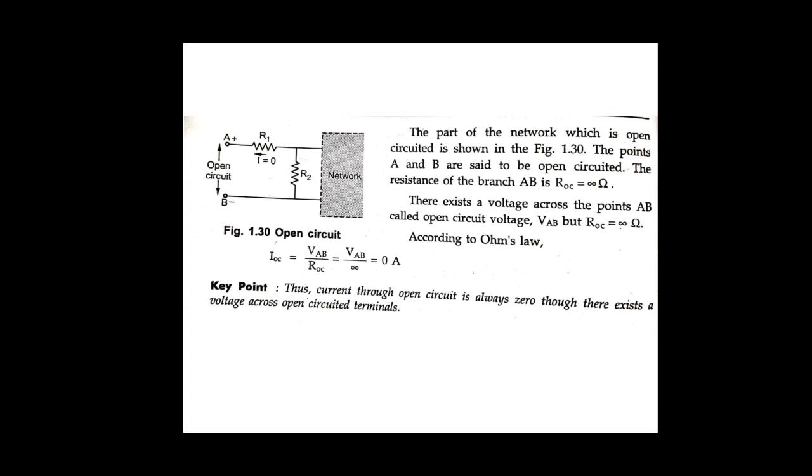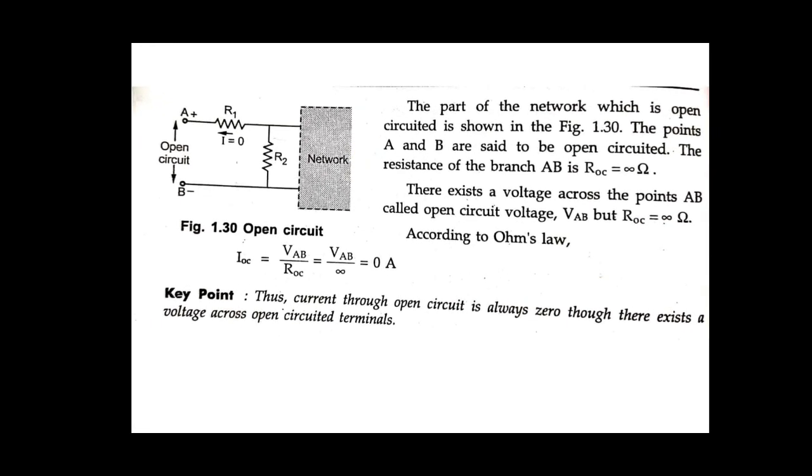As there is no direct connection in an open circuit, there is no connection between the terminals A and B, so it is open circuited. The resistance of the open circuit is infinity ohm, and there is no current flowing through this open circuit. That's why I is equal to 0 is given here.